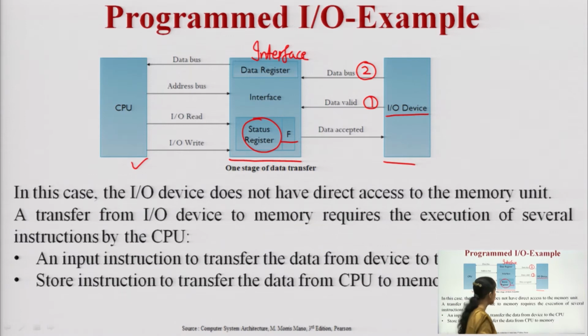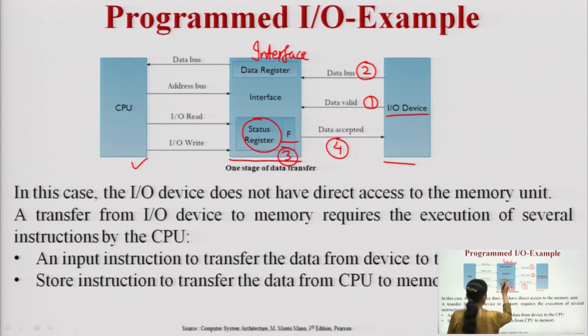Initially it was 0. So the third step is setting the status register. Then, after setting the status register, data accepted will be sent through the interface to the IO, so that another IO device, or the same IO device, should not start sending the next data.